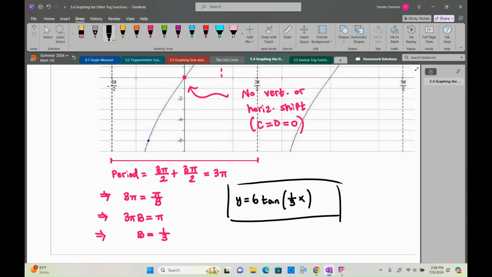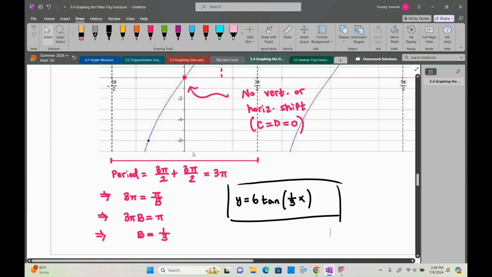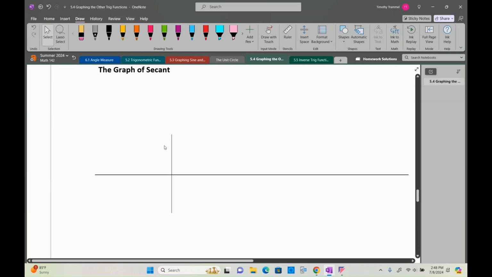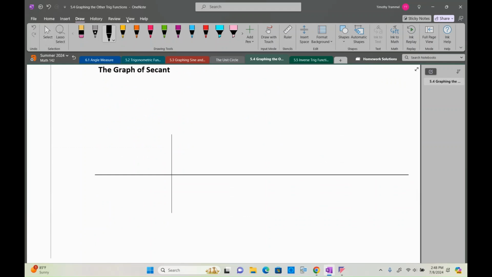So what we have left here is to work with secant and cosecant. And so what I want us to do is we'll go and take a look at those here on the next page. So for secant and cosecant, you're actually going to start off by graphing sine or cosine. Okay.